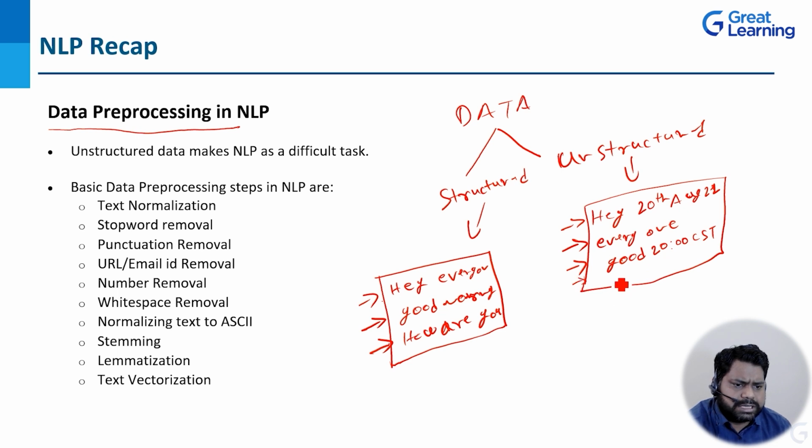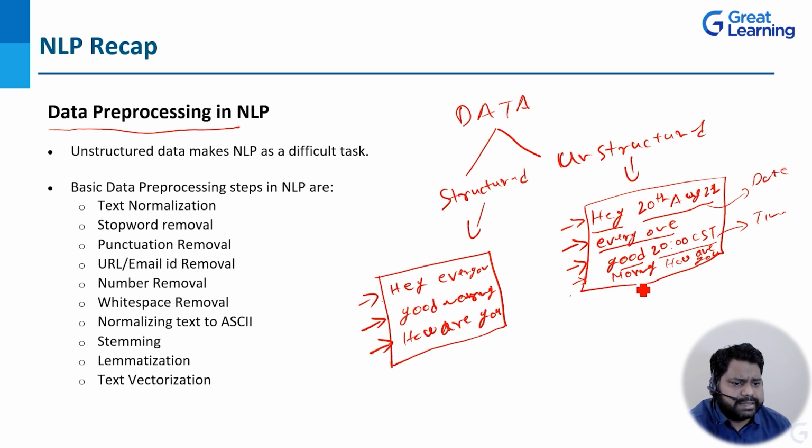Then there is the next sentence, morning, how are you? So if you see, there is a hey, then there is a date, then there is everyone in the next sentence. Good, then CST, which is reflecting time, and this is reflecting date.